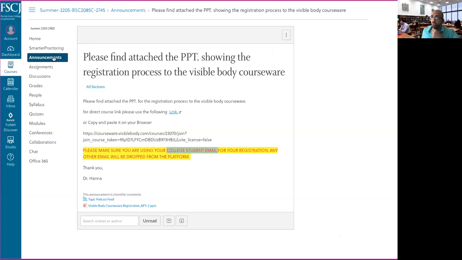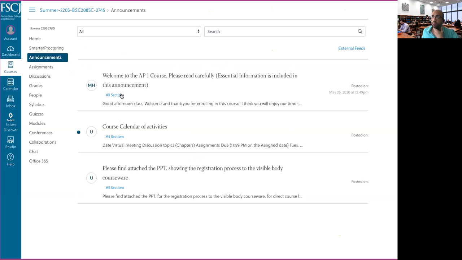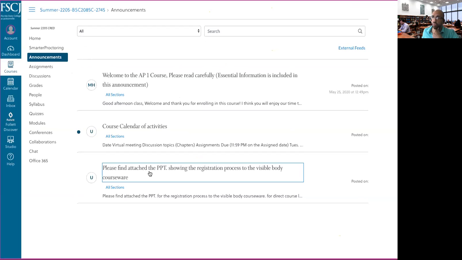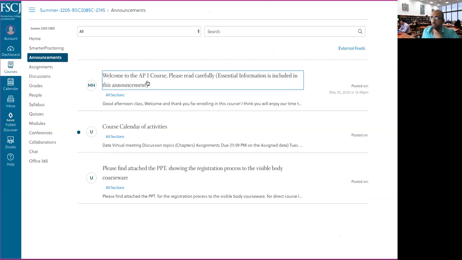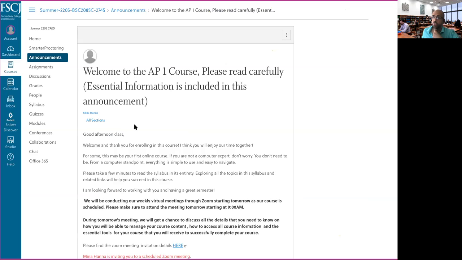All right, so back to the syllabus. We are looking here at the different activities that we're going to be exposed to throughout this semester. Again, you have access to the syllabus from the very first announcement. The title here says, welcome to the AP1 course, please read carefully, essential information is included in this announcement.